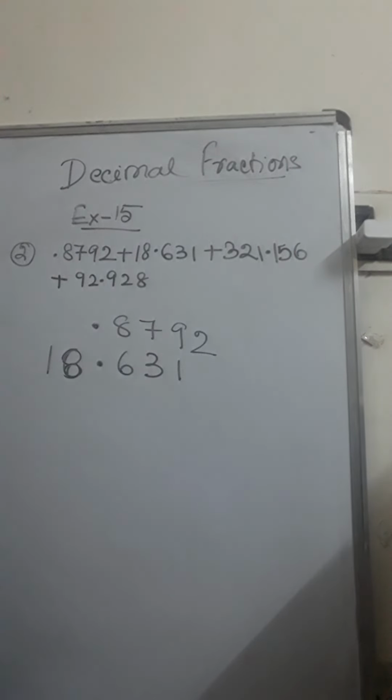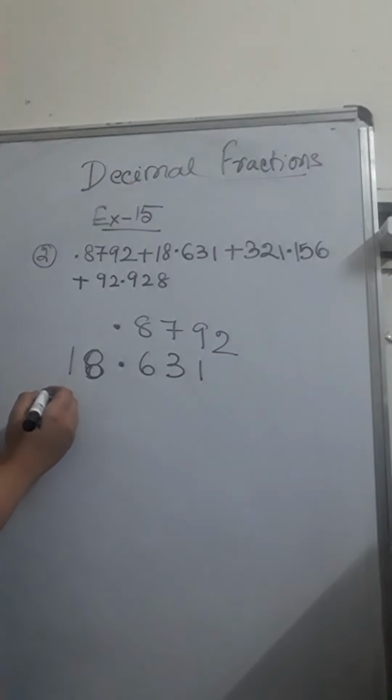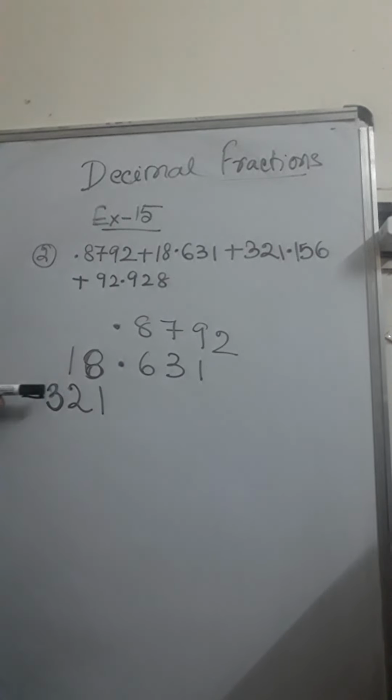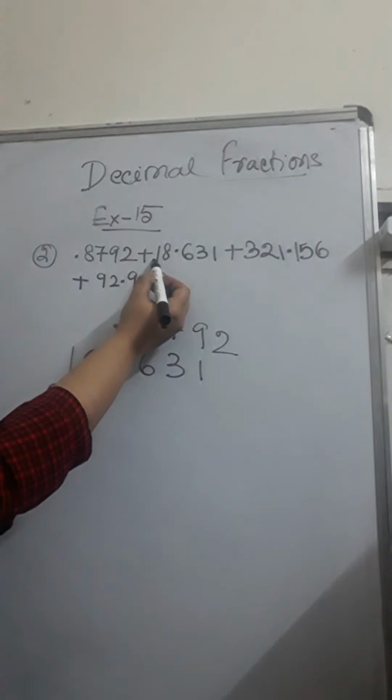Then next number 321. So 321 means it is a 3-digit number. The first number was 2-digit. The next number is 3-digit. So 3 is having the place value of 100, so it will be kept in front. After that 3, 2, 1. Why is 2 coming under 1? Because see here, 1 is having the place value 10.